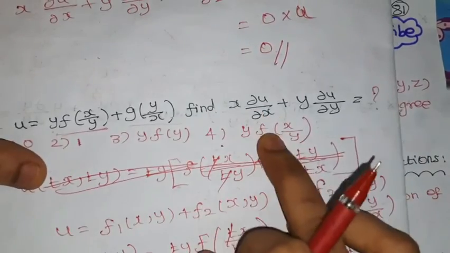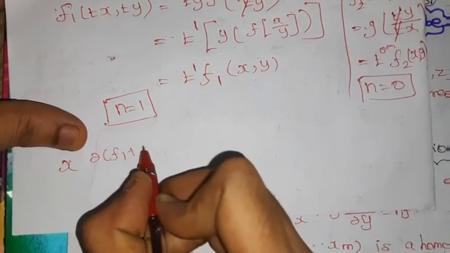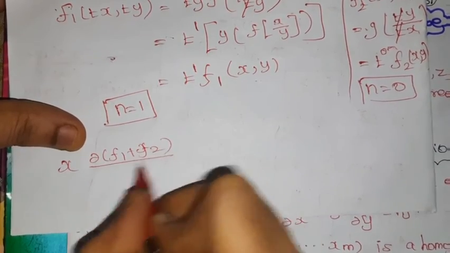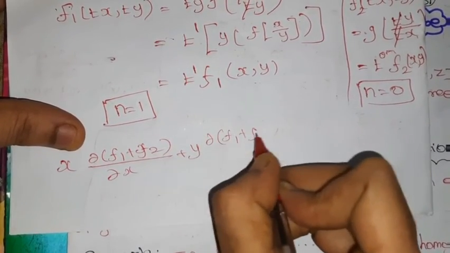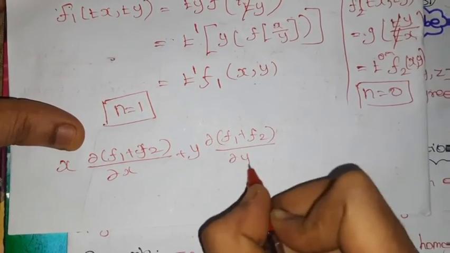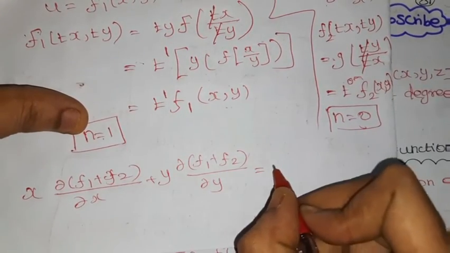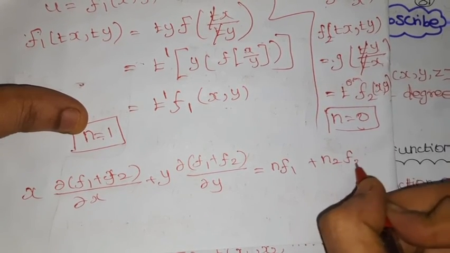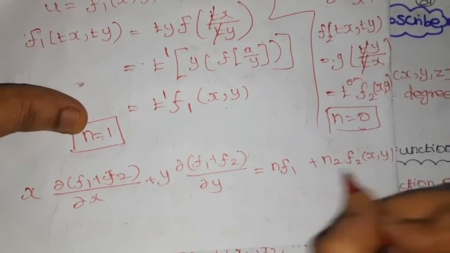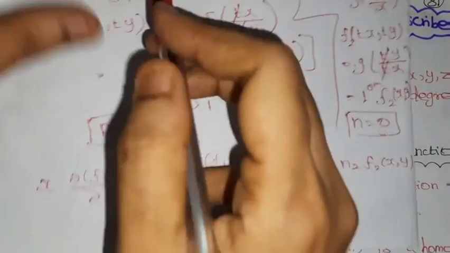What is that? x ∂u/∂x plus y ∂u/∂y. Now x into ∂(f1 plus f2)/∂x plus y into ∂(f1 plus f2)/∂y equals, adding this, n into f1 plus n into f2. So f1 plus f2 is nothing but u.